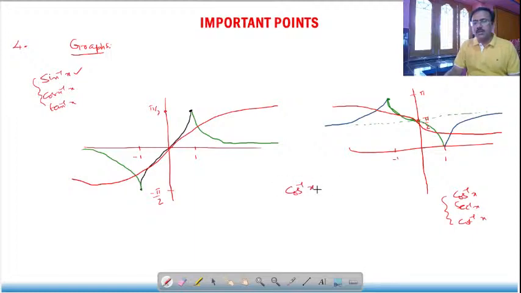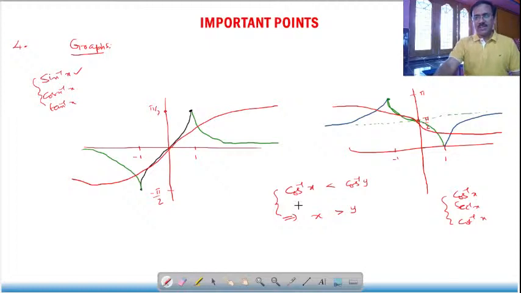For example, cos inverse x less than cos inverse y, if you want to solve this kind of inequations, as cos inverse is a decreasing function, you will get x greater than y. Even same for cot inverse x also, you see it is a decreasing function. So for such cases, you need to answer with the help of graph itself.